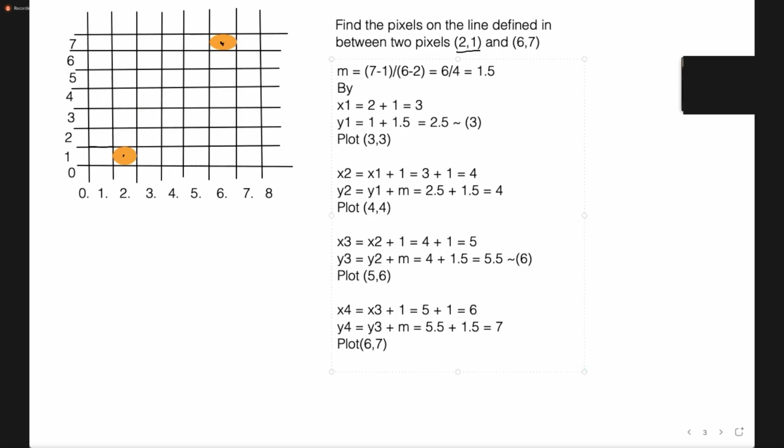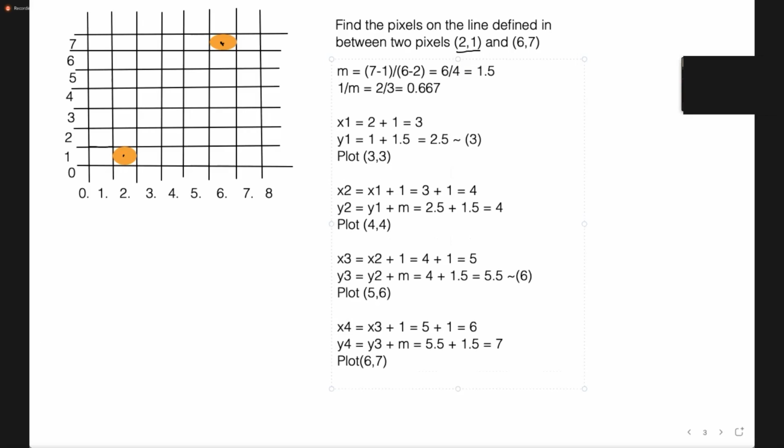So we consider what is 1 over m. 1 over m is going to be 2 by 3, because this is 3 by 2, this is 2 by 3. 2 by 3 means equal to 0.667. Then what we do is we add 1 over m.